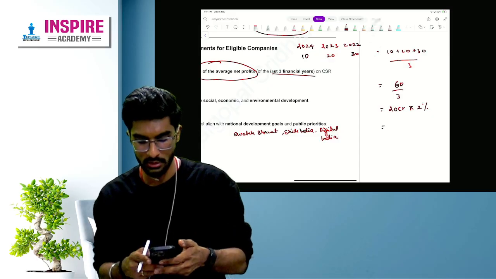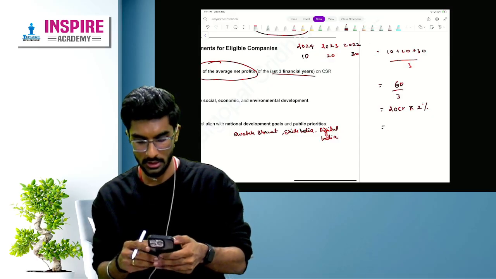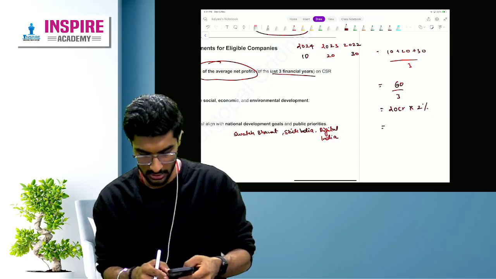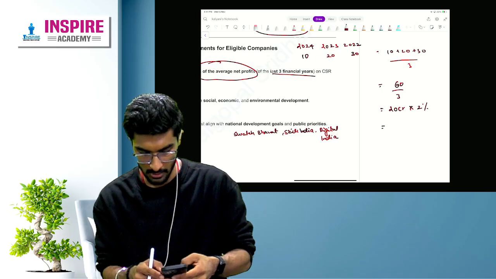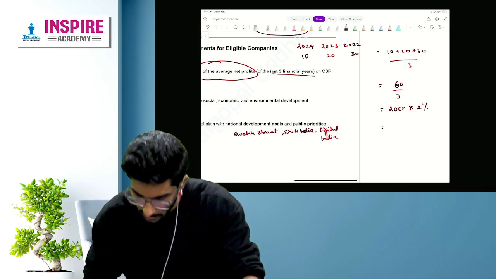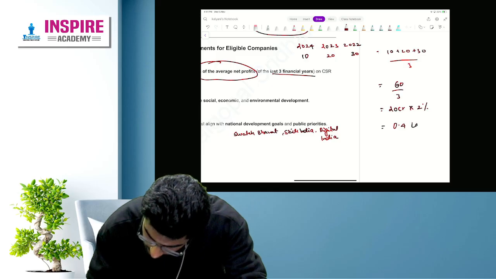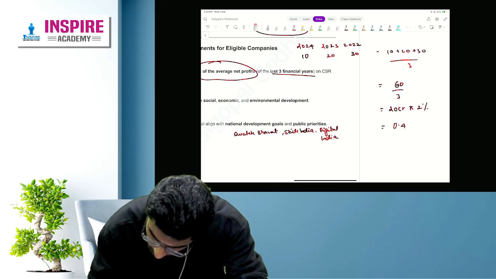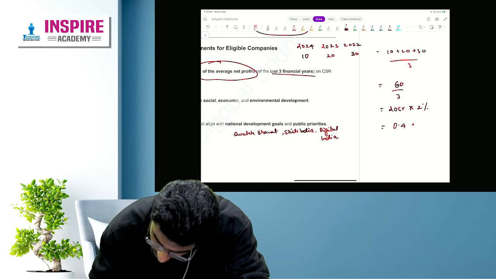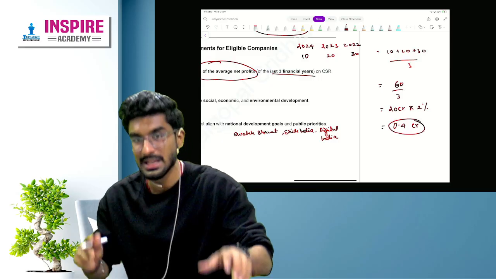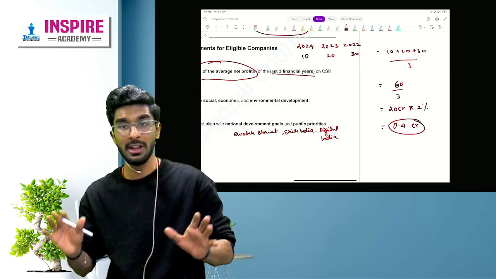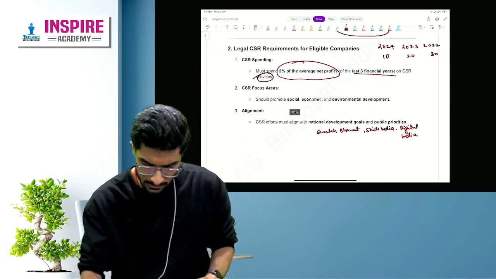Sorry, people, I have to use the calculator to make sure that I don't waste time in calculation. 20 into 2%, so the company has to spend 0.4 crores towards CSR expenditure. Yes or no, people? Very easy.